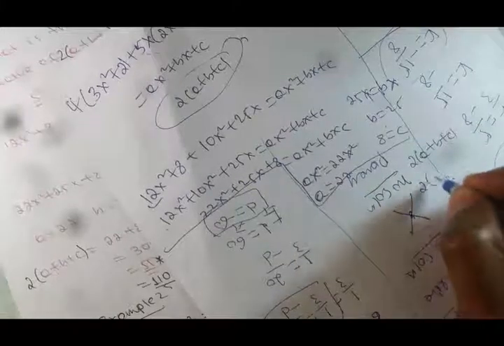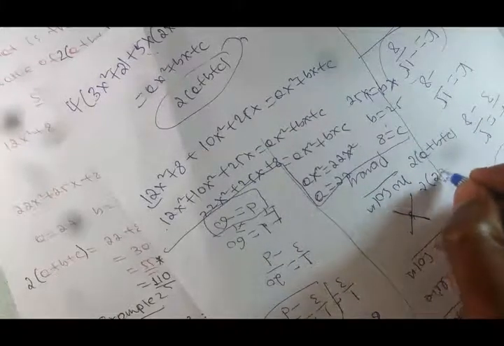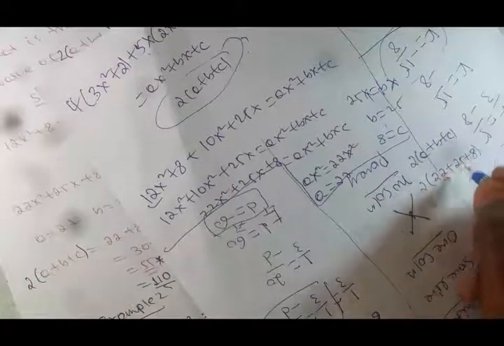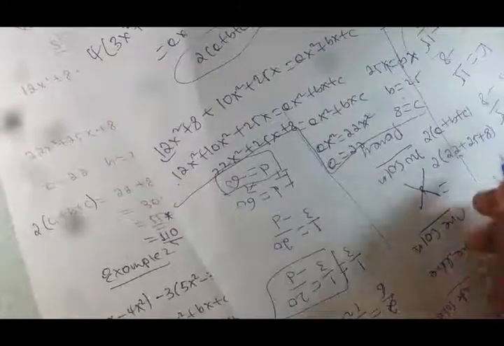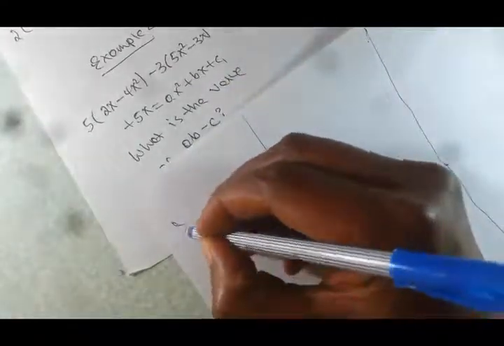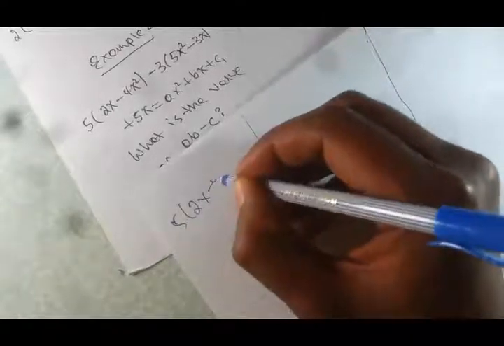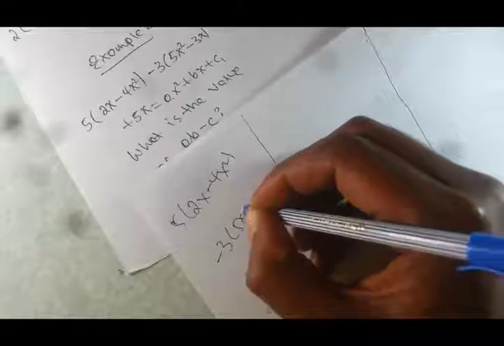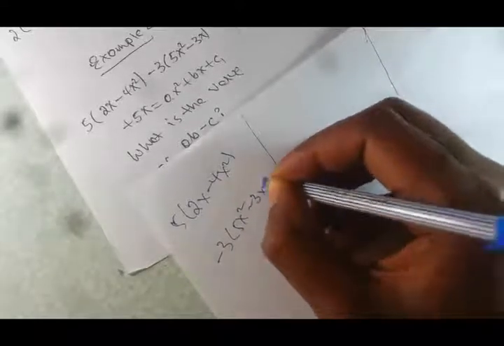Therefore 2 times the value of a is 22 plus the value of b is 25 plus the value of c is 8. This is equal to 110.